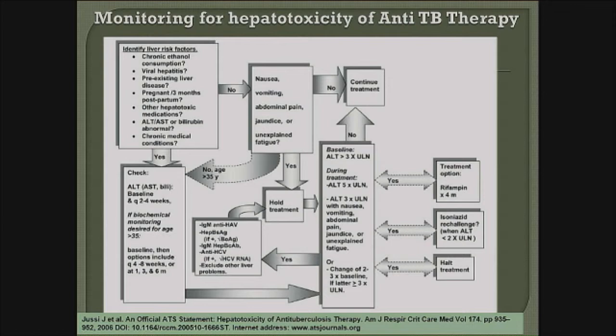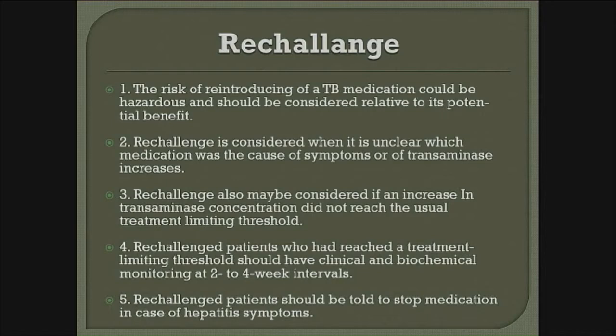If we have already started the treatment, we can monitor guided by this guideline. This guideline also shows the risk factors, so we have to be careful. If there are signs or symptoms, we have to stop the treatment. Time is up.